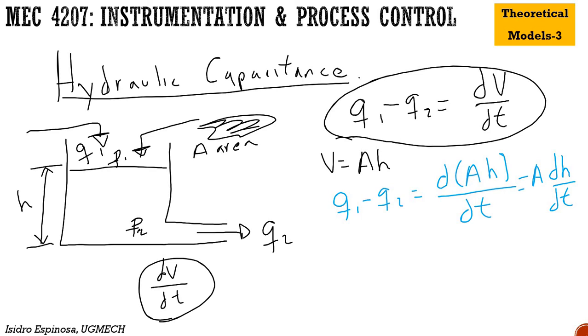So we know that pressure is equal to rho g h, where rho is the density, as we know, and g is the gravity or the acceleration due to gravity. And we have the height.